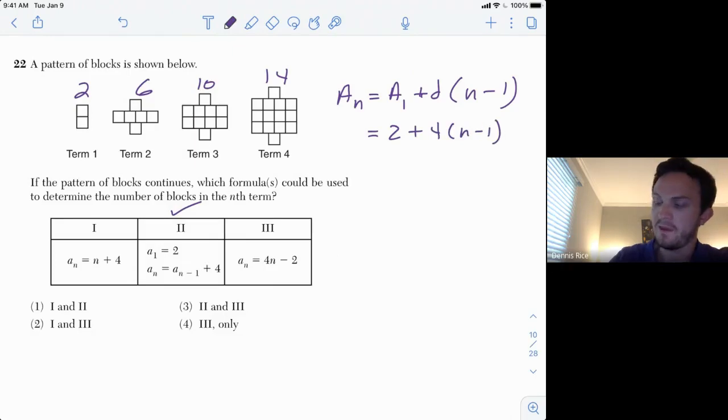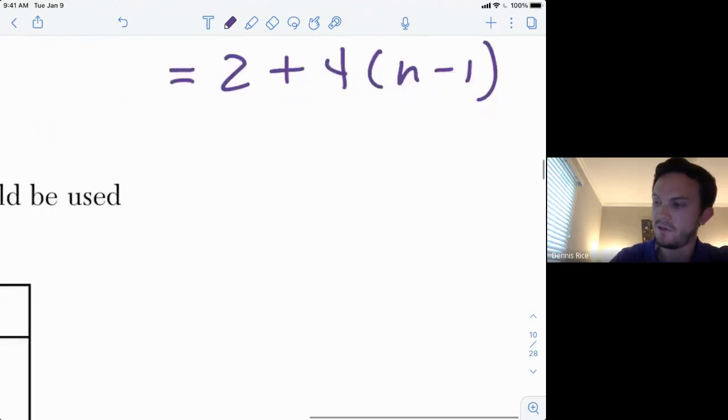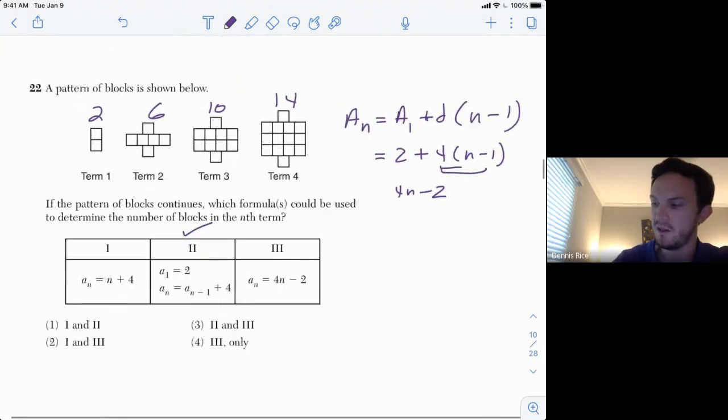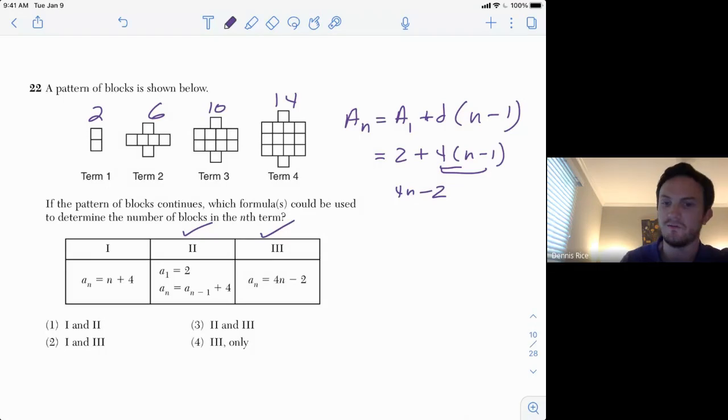Now, you write this and you're like, all right, I don't see that anywhere. But be careful here, because after you clean this up, watch what we get. I would distribute: 4n, I get minus 4. I have a plus 2, so minus 4 plus 2, I get this. All of a sudden, you might notice Roman numeral 3 is the cleaned up version of that explicit rule. So 2n minus 3 here, 2n minus 3.